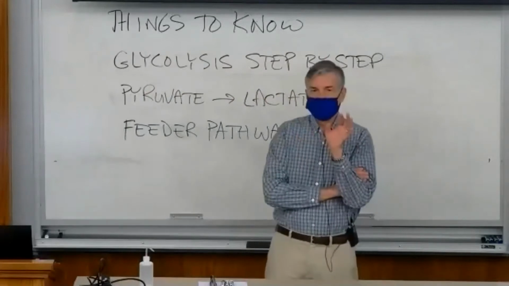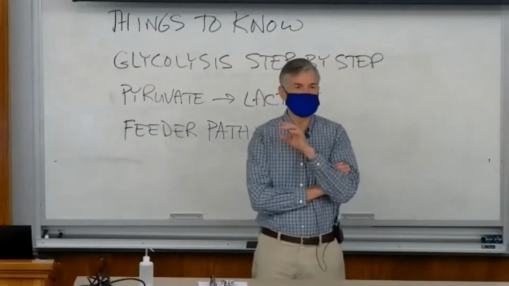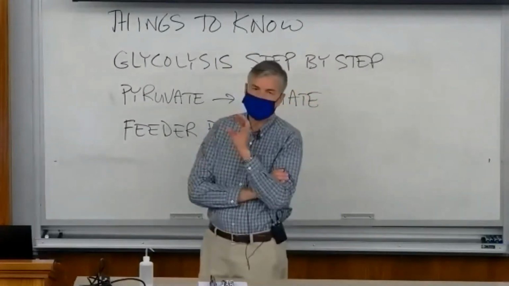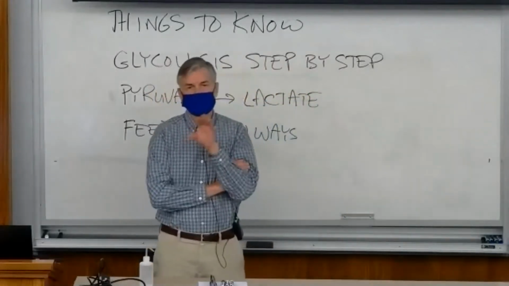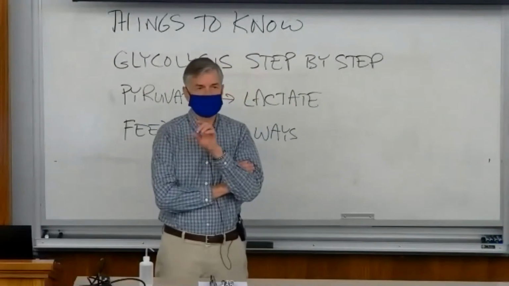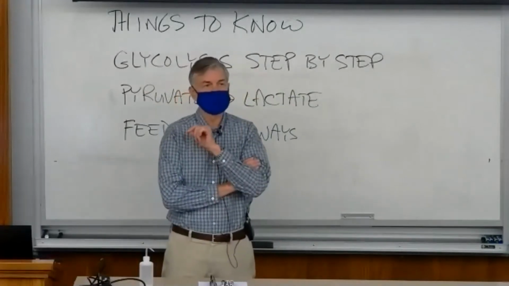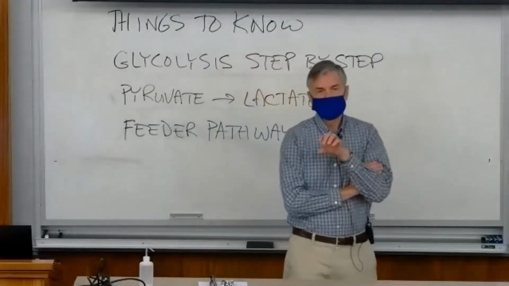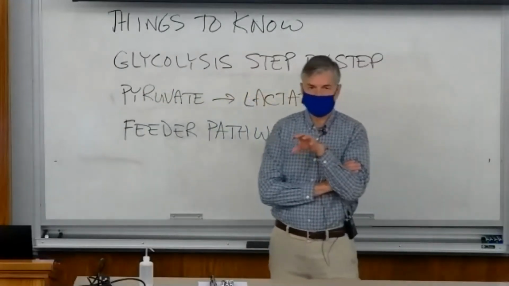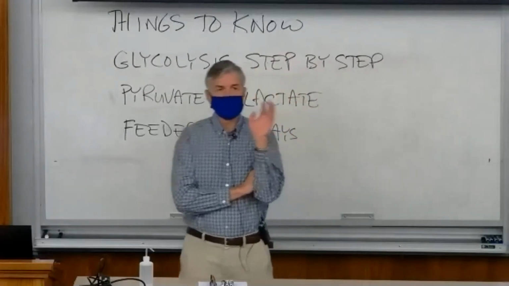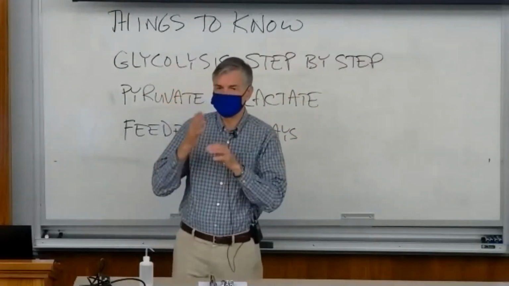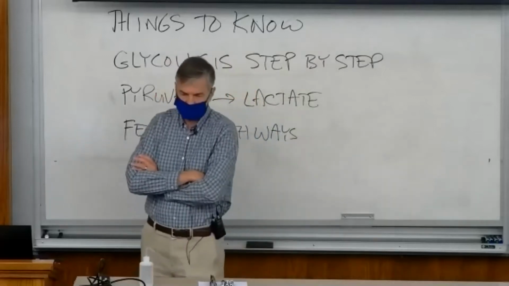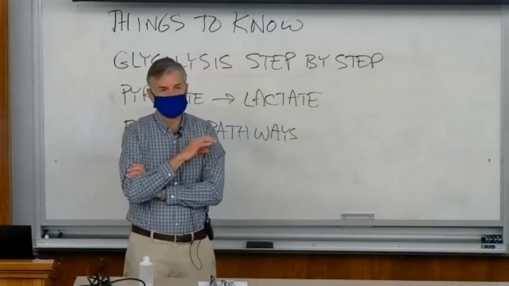But rather than waste half of the potential energy from a copy of glucose, there is a 5th enzyme, a 5th step that we will talk about that is able to convert dihydroxyacetone phosphate into glyceraldehyde 3-phosphate, allowing for both 3-carbon segments to move through the balance of glycolysis and produce pyruvate.